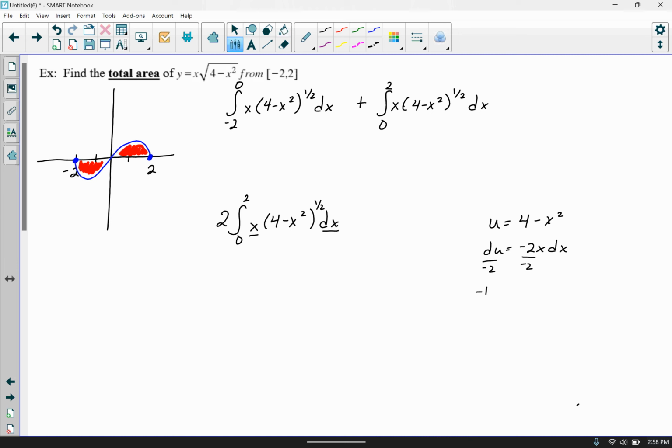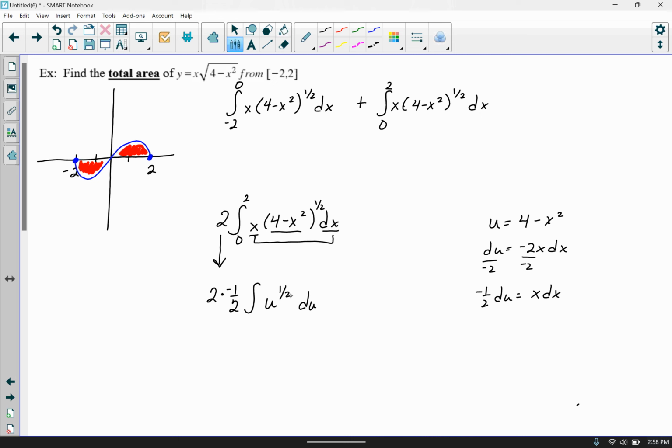So negative 1/2 du is equivalent to x dx. I'm bringing down this 2 that's on the outside, and the negative 1/2 gets factored out. So negative 1/2 integral, and these two pieces are accounted for with my du, and then this piece is u to the 1/2.